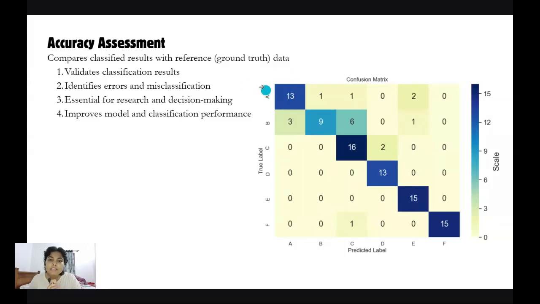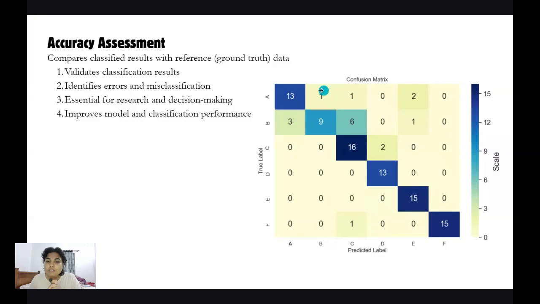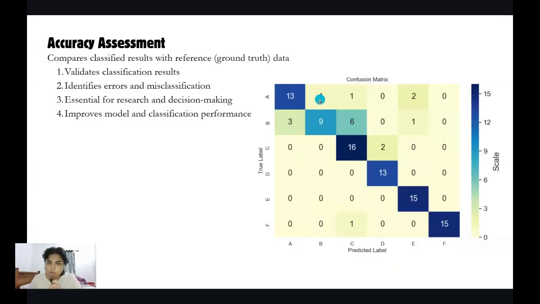So similarly, let's say out of a total of 15 sample points of water bodies, you have accurately classified 13. One has shown up as B, maybe agriculture. One water body pixel has shown up as an agriculture pixel.